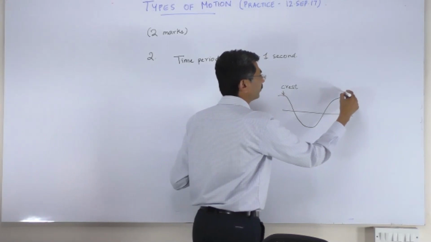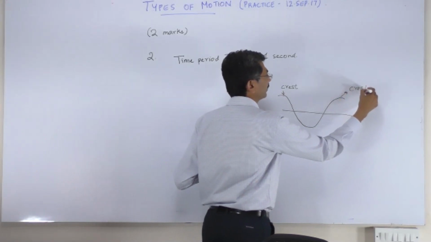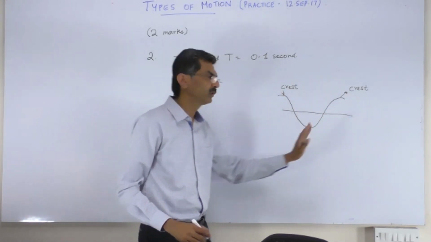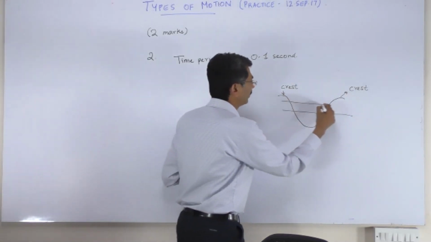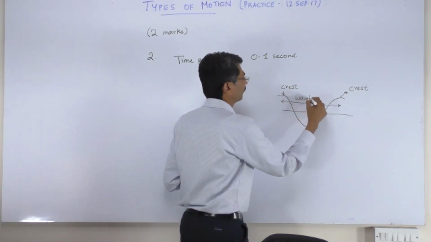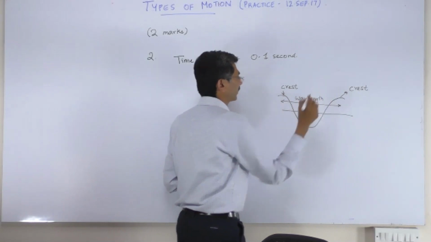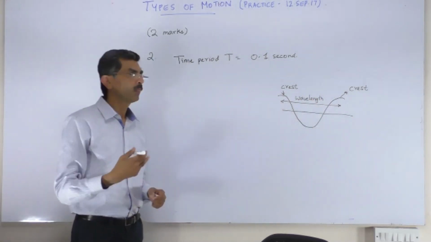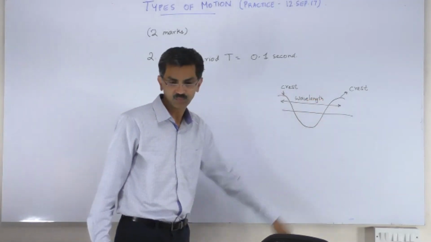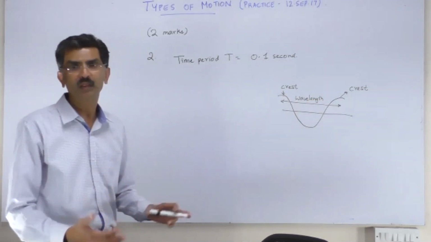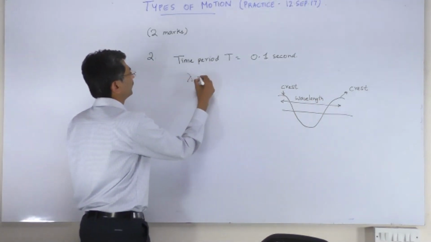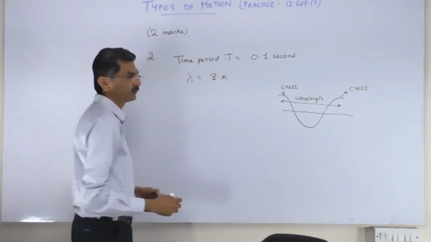This is also a crest. This is one crest and this is the next crest. The distance between the two crests is the wavelength. So when they say that the distance between two crests is 8 meters, it means that the wavelength of the wave is 8 meters. So lambda is 8 meters.